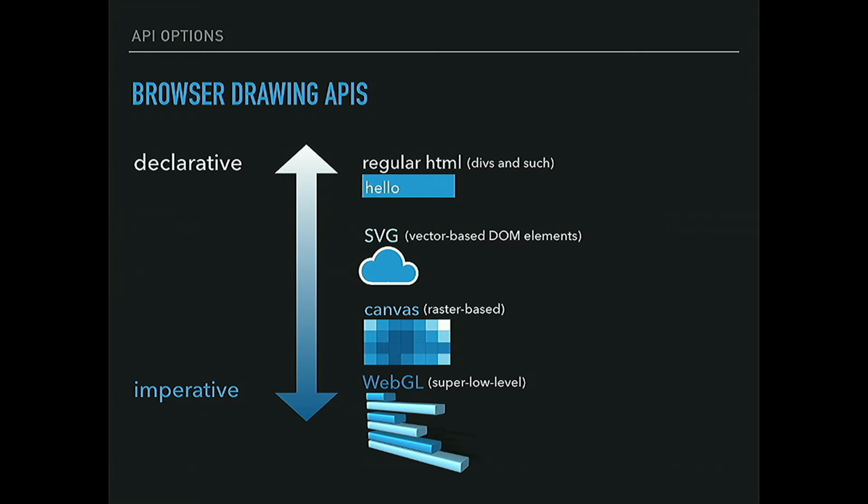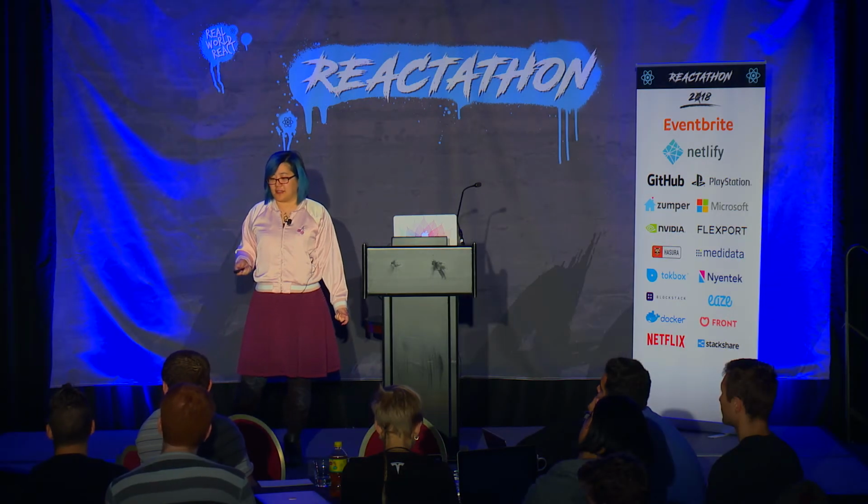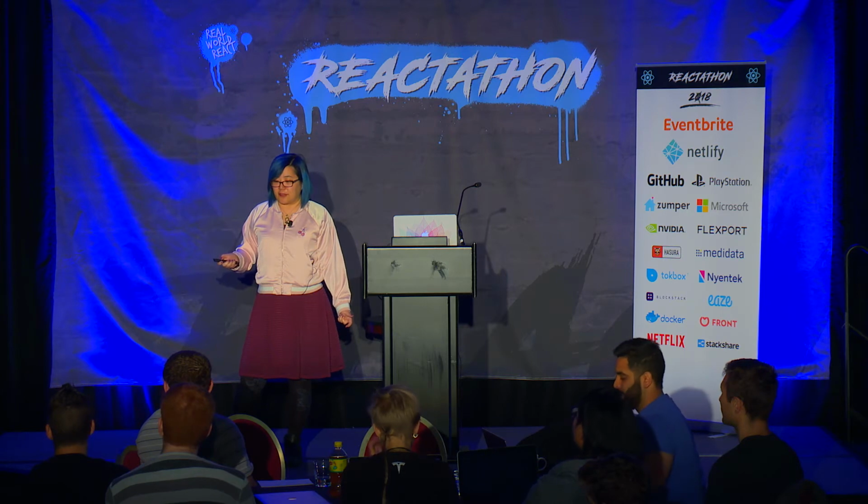You can mostly draw rectangles. And then SVG is vector-based DOM elements, which allows you to draw shapes that are not rectangles, all kinds of shapes. And then you have Canvas, which is raster-based, so you draw with pixels. And then finally, at the very bottom, extremely imperative, low-level, powerful WebGL, which lets you do 3D. So let's go through all of them.